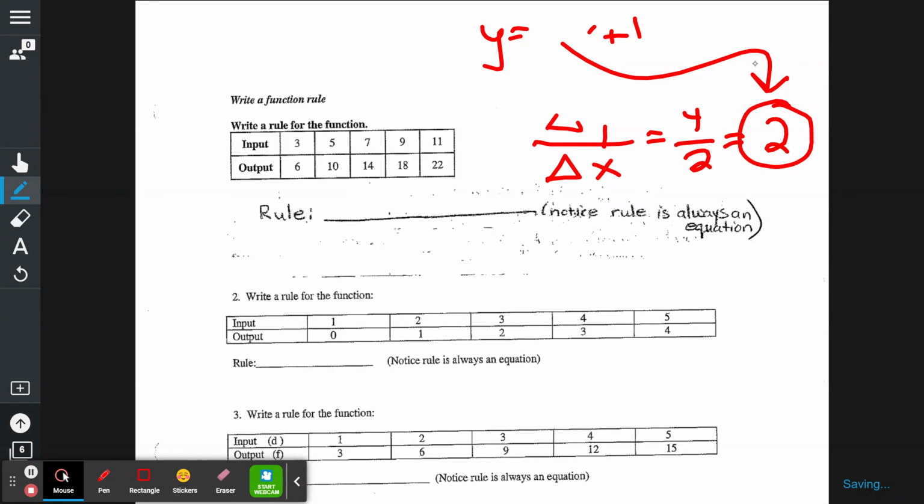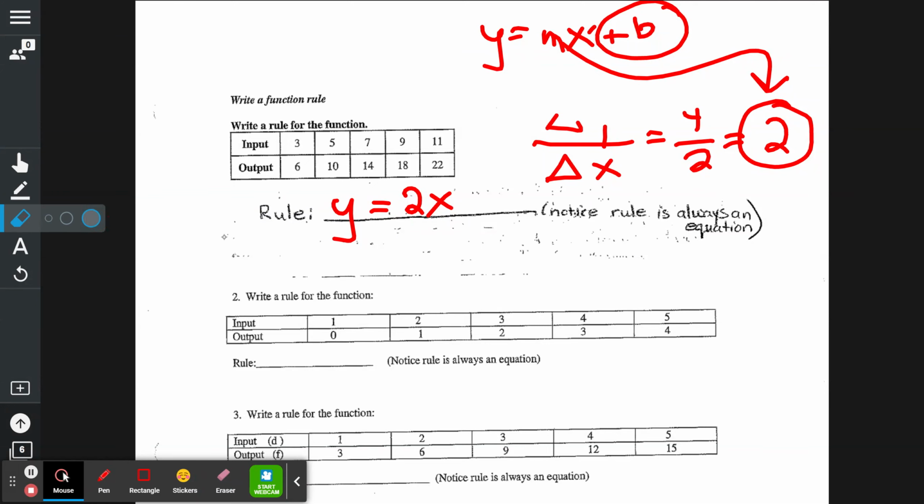So we can think of that as the multiplier. So you write y equals 2x. And in this case, your rule is done. But there are going to be times when you do the multiplier and then you have to add or subtract something. So we're going to go over a few like that too.